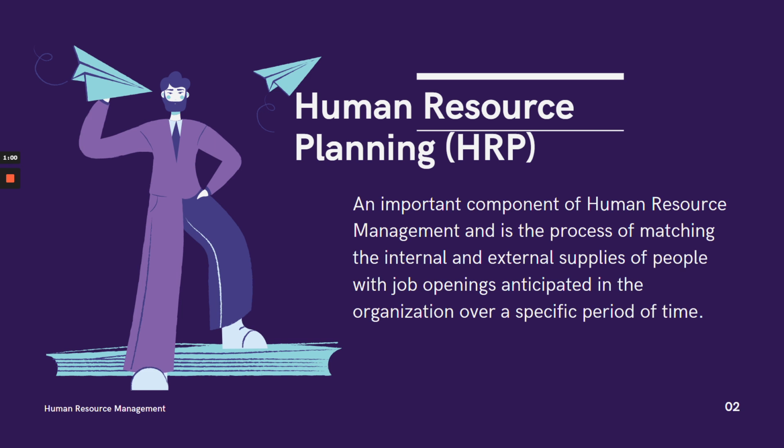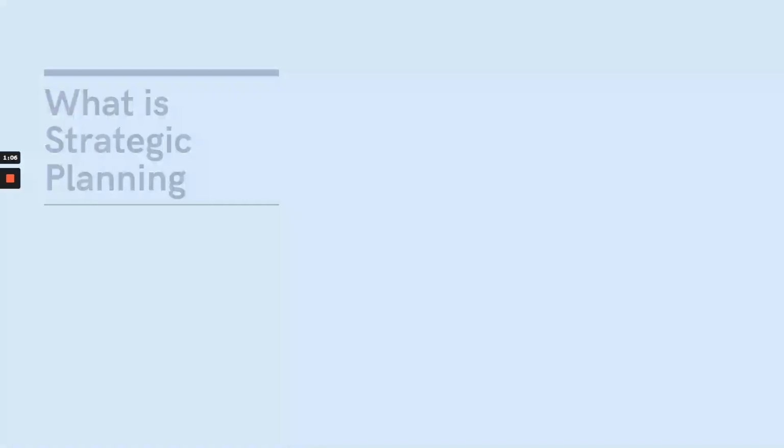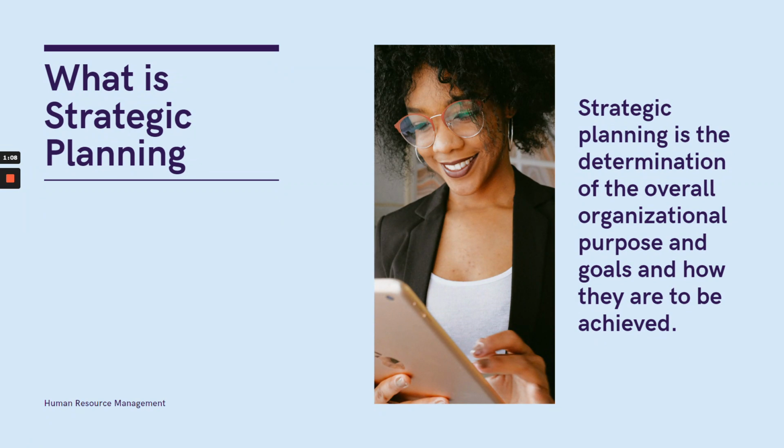So when we say human resource planning, of course, we will also talk about strategic planning. So what is strategic planning? Strategic planning is the determination of the overall organizational purpose and goals and how they are to be achieved.